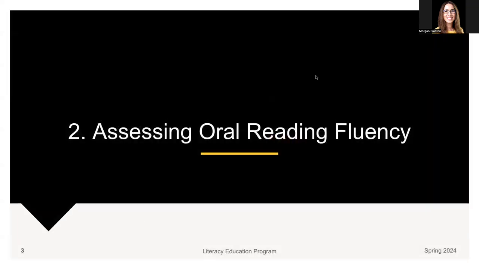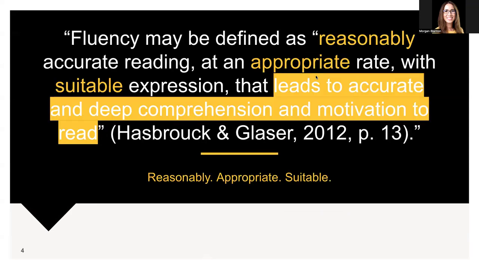So, part two is about assessing oral reading fluency. This is our definition that I introduced in the first part when we were defining oral reading fluency. It has three parts, and what I like about this definition is that it includes adjectives such as reasonably, appropriate, and suitable.